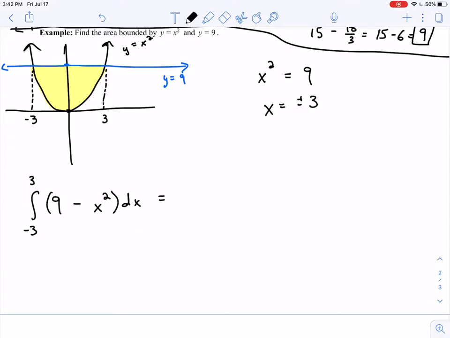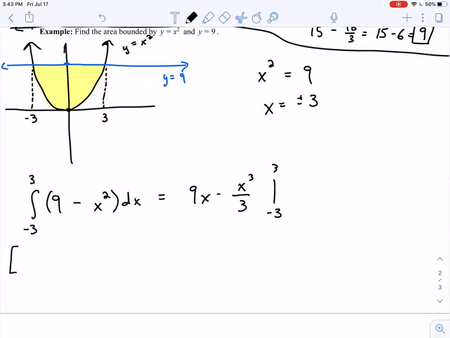So first thing I need to do is find my antiderivative. This would be 9x minus x to the third over 3, evaluated at 3 and negative 3. So let's see here. I have 9 times 3 minus 3 to the third over 3, minus 9 times negative 3 minus negative 3 to the third over 3.